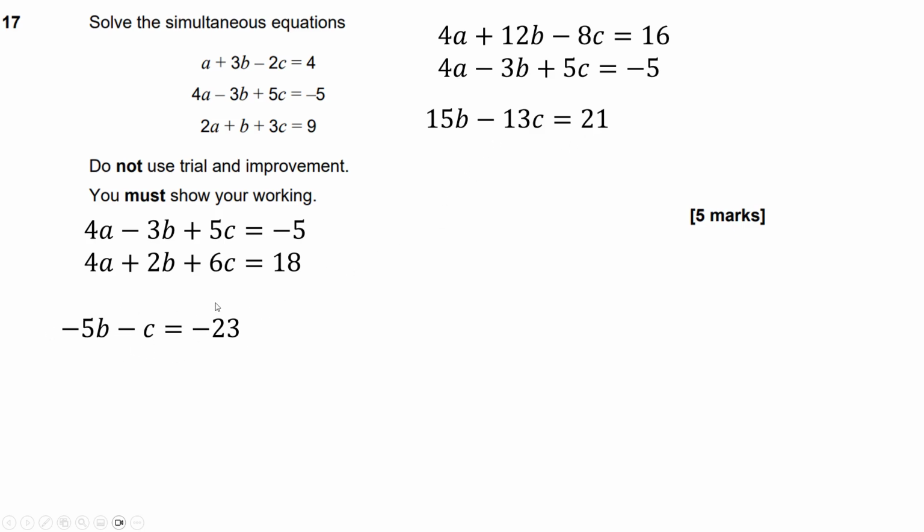And now put these ones together. I've multiplied this one by 3 so that the b's match up. So minus 15b minus 3c equals minus 69. Add these two together.